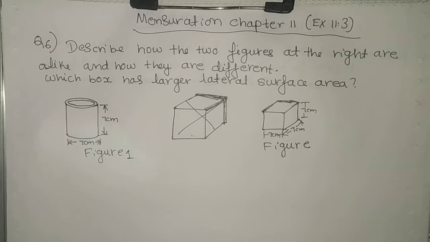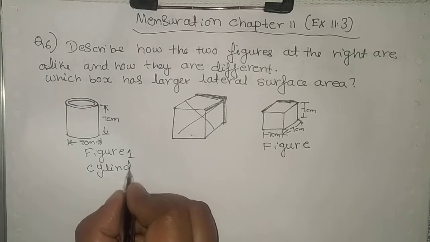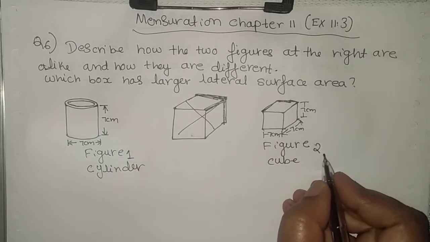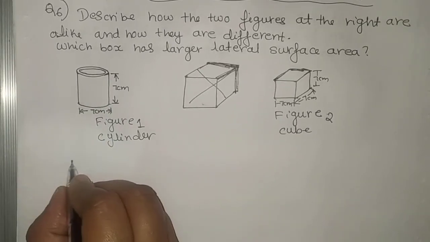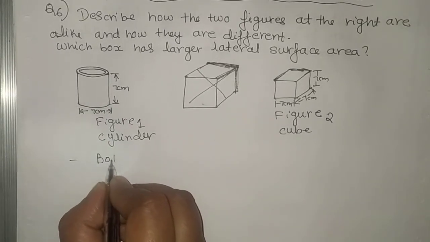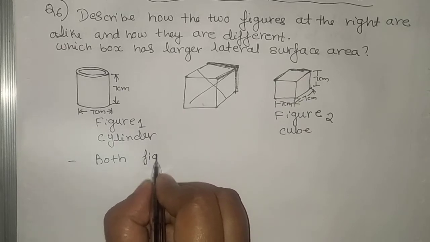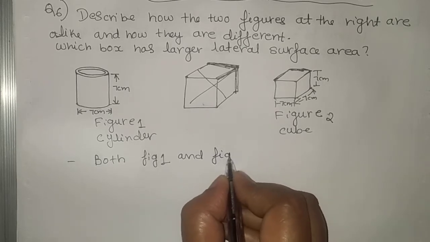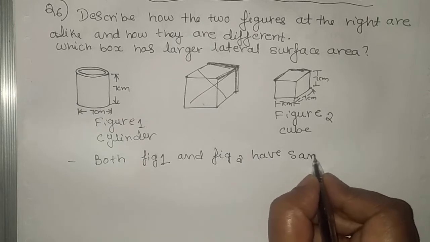The first figure is a cylinder and the second one is a cube. Here both have the same height. The first point we write is that figure 1 and figure 2 have the same height.